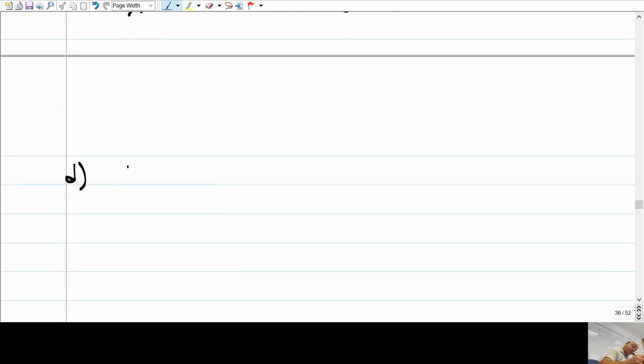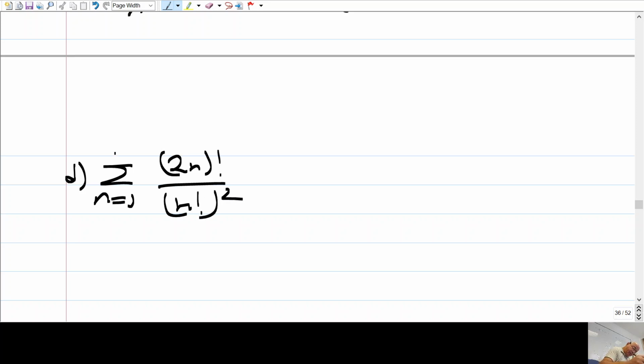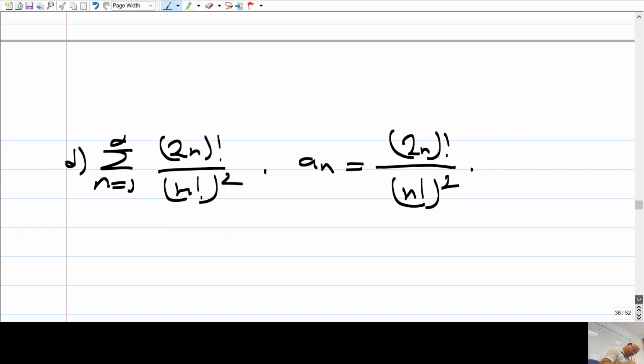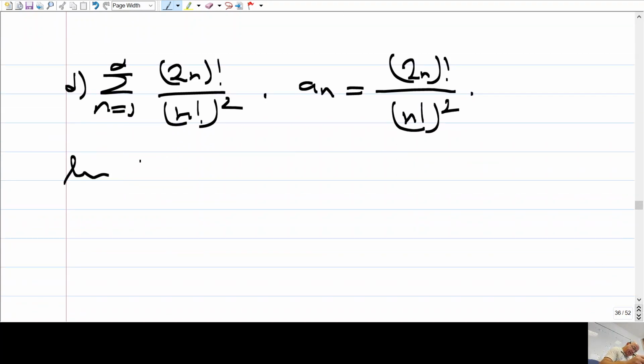Part D is this, (2n) factorial over (n factorial) squared. Okay, let's see. a_n is (2n) factorial over (n factorial) squared. The limit of a_(n+1) over a_n, so rho is this limit.